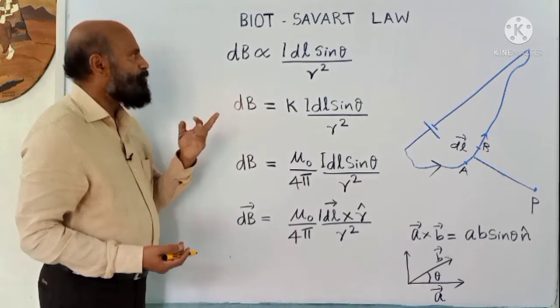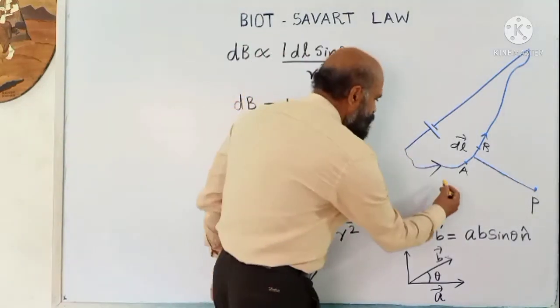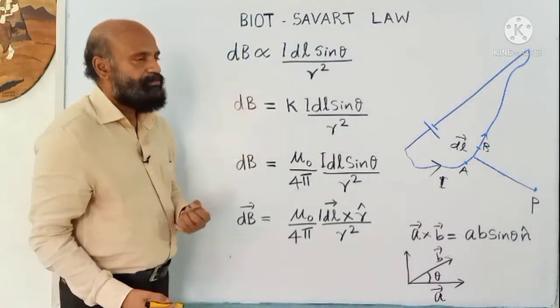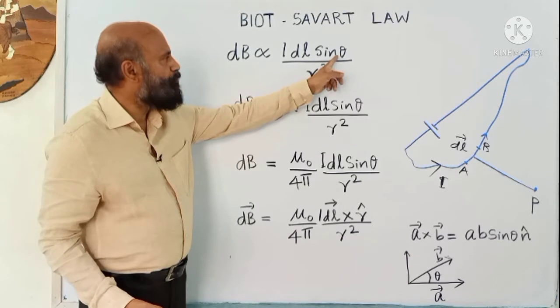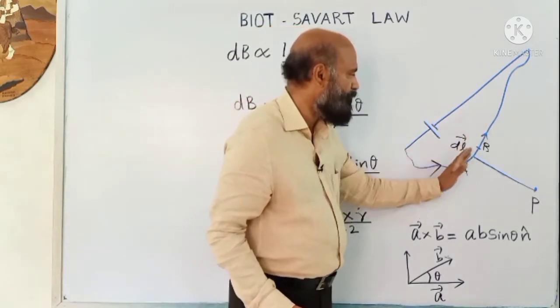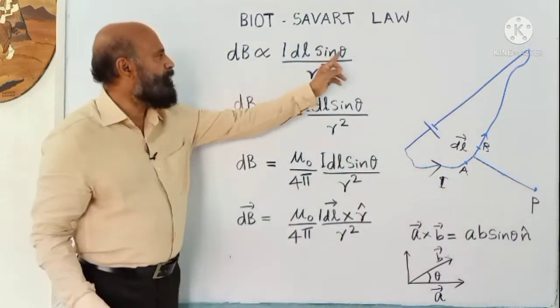That depends on the current I flowing through the conductor, then the length of the current element, then the sine of the angle between the direction of the current element and the line joining the current element to the point. So they are directly proportional.